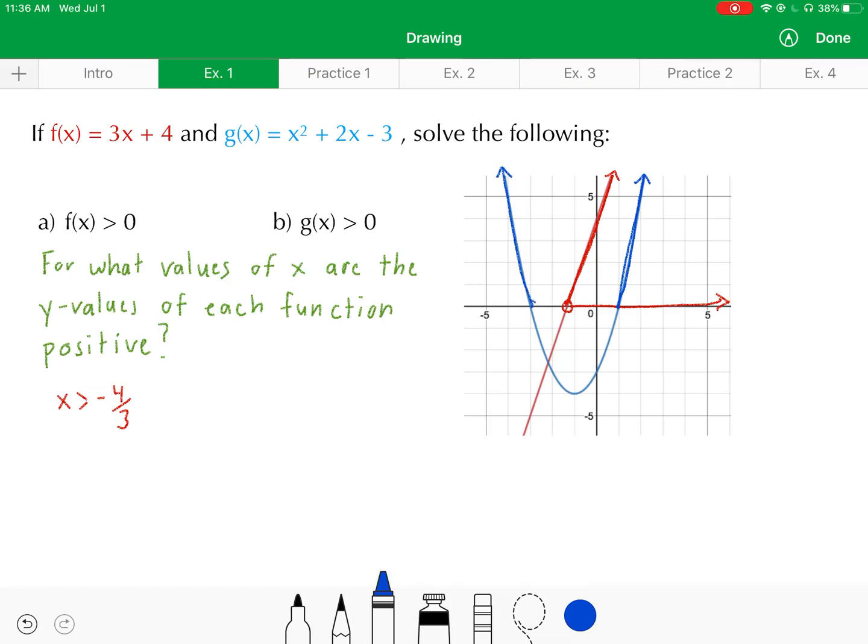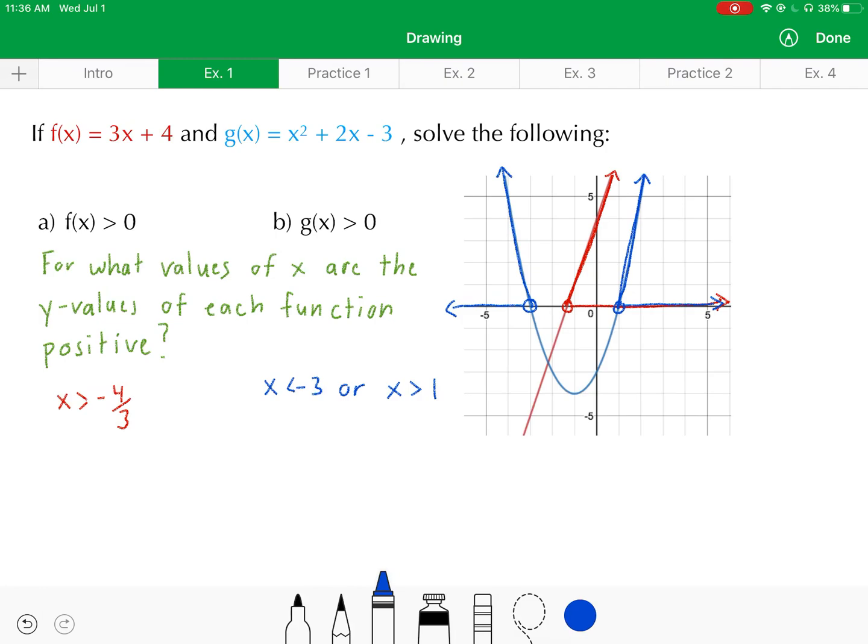They would be anything smaller than -3 or anything larger than 1. So I would say my solution to this inequality is x less than -3 or x greater than 1. Okay? All right, now let's bring the equations back into play for each function.